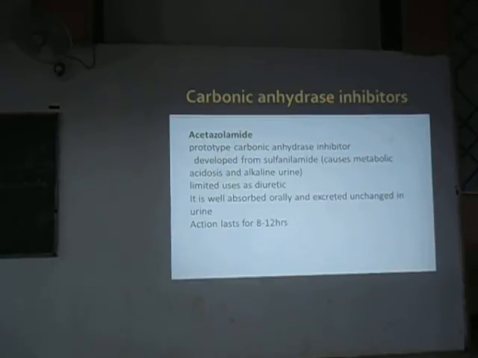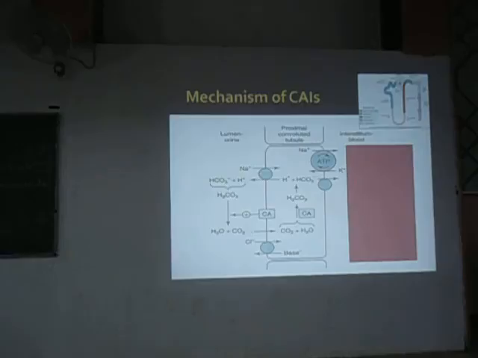In fact, we use this drug for alkalization of urine. Do you remember where we need alkalization of urine? Acidic poisons, barbiturate poisons. It has limited use as a diuretic because it is poorly effective, but we can use it in specific conditions. It is well absorbed orally, excreted unchanged, and the action lasts about half a day.